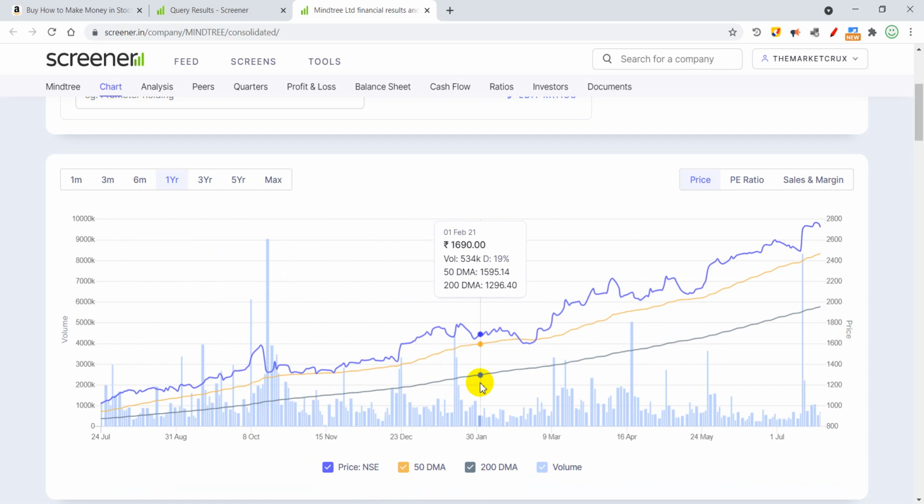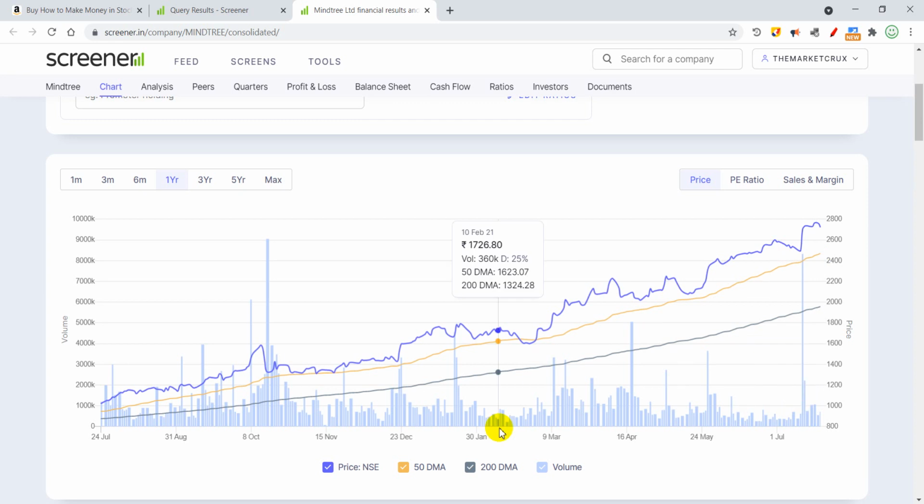If you see in this particular example, these moving averages are going away from each other, and the width between them is increasing eventually. This is a perfect example to look for a stock which can give you tremendous returns in coming days.